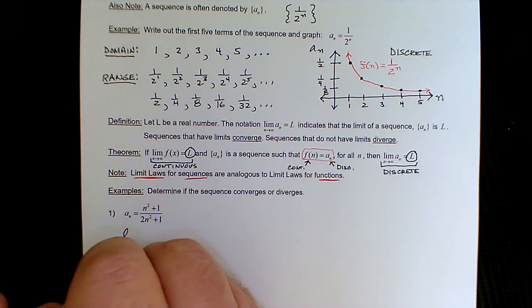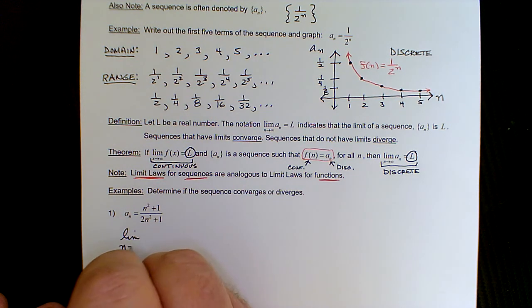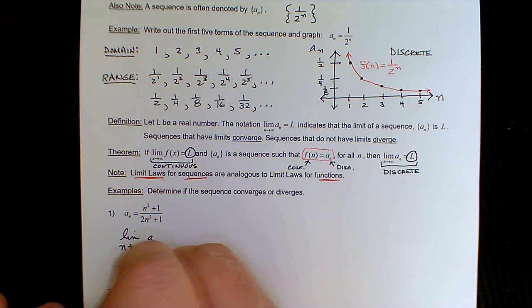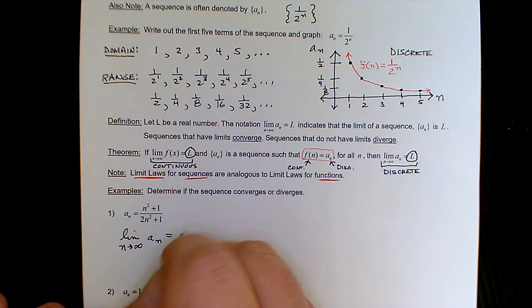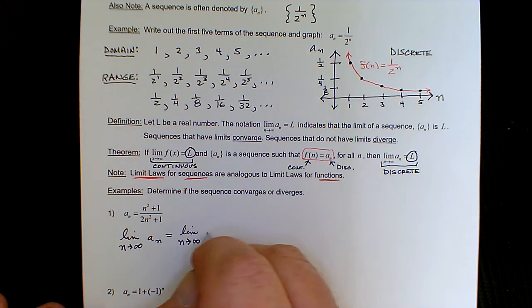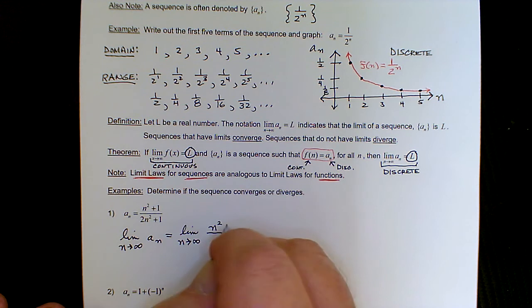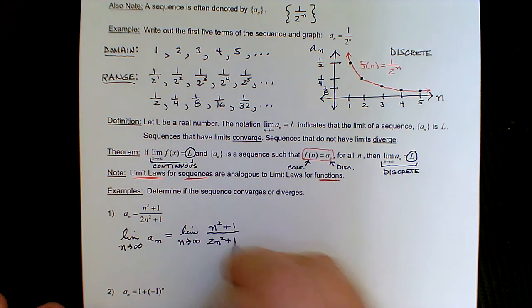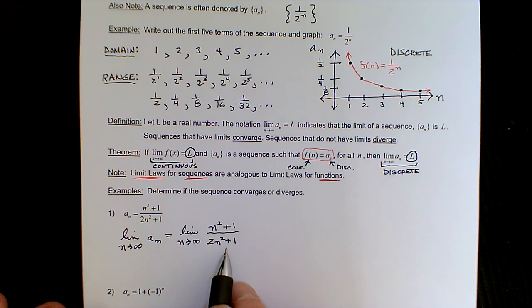So here, we'll just take the limit as n goes to infinity of a sub n. That'll be the limit as n goes to infinity of n squared plus 1 over 2n squared plus 1. And this limit, recall we studied this, we saw an example earlier where this is the special case.